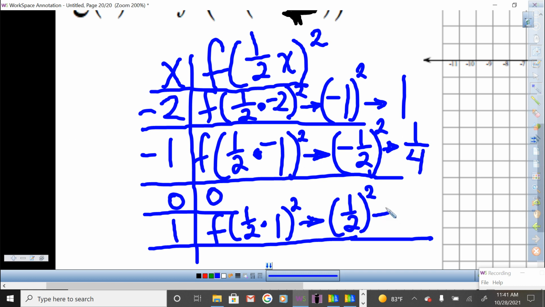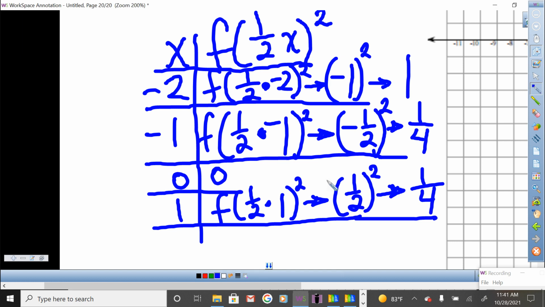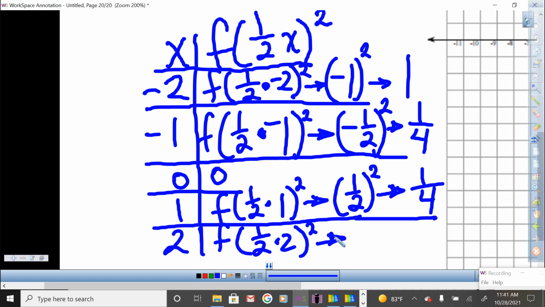And what is 1/2 squared? 1/4. And our last value is 2. f of 1/2 times 2 squared. So this is 1 squared, which is 1.